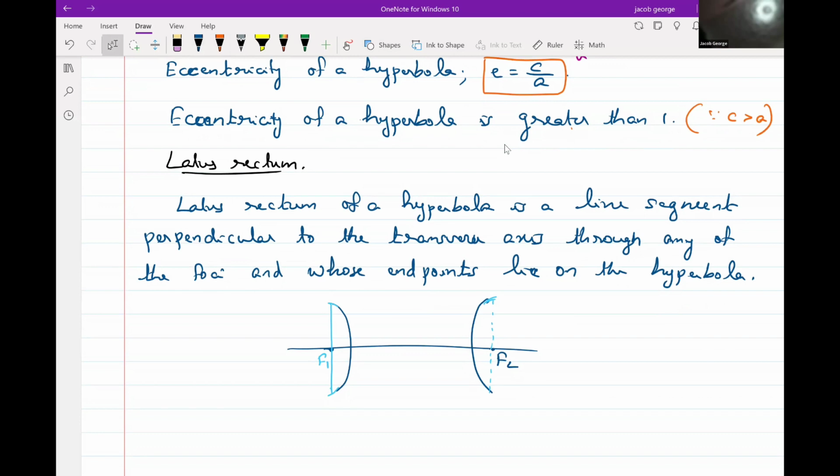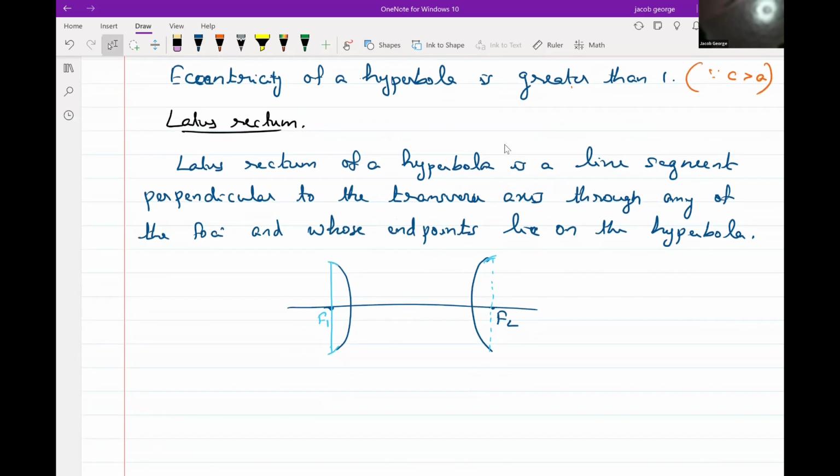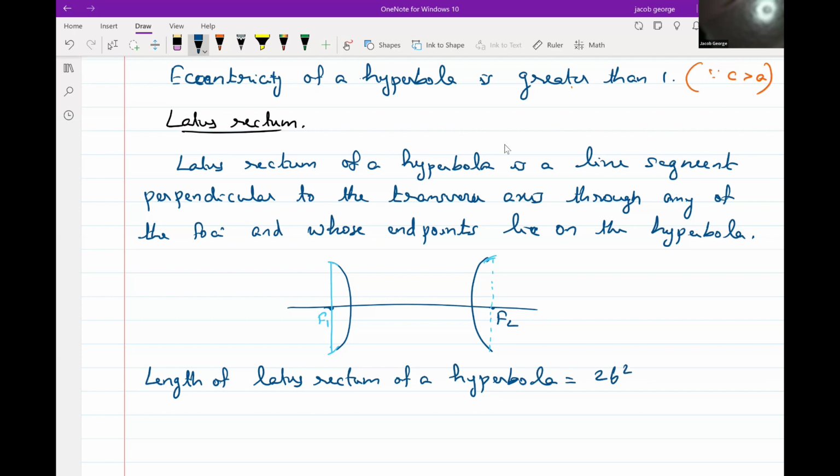So please write, length of latus rectum of a hyperbola is equal to 2b square by a. Please write.